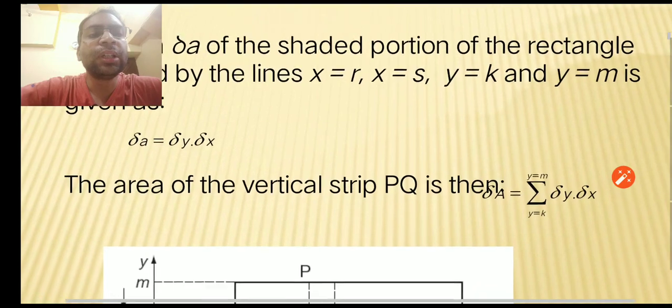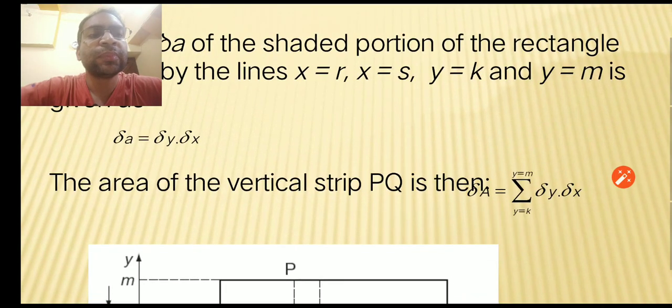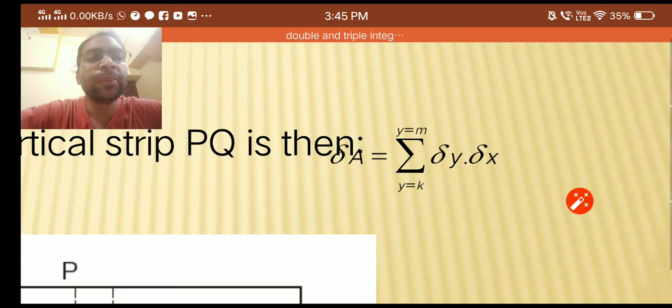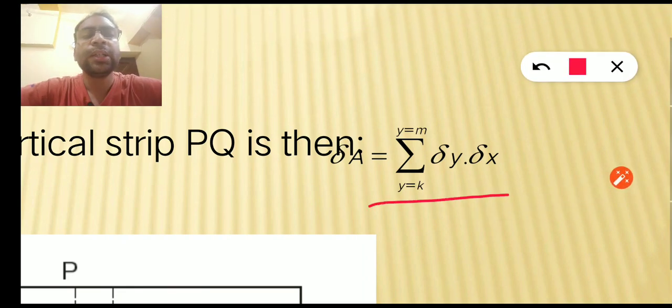The area of the vertical strip can be found with this formula, just by summing up all the values of del y and del x. That is the summation in both directions.